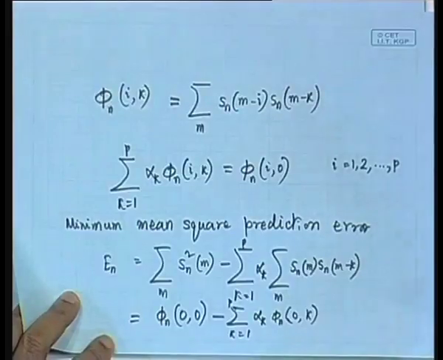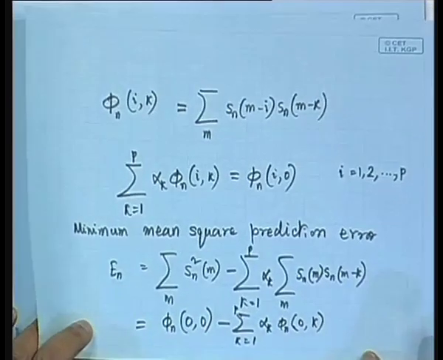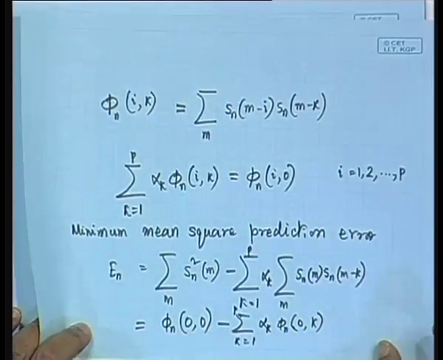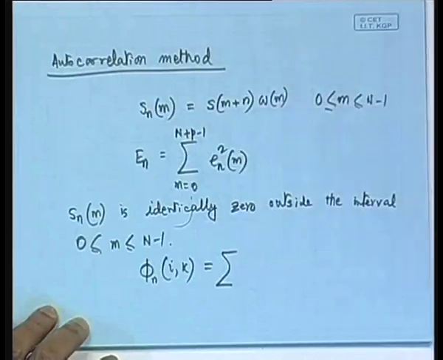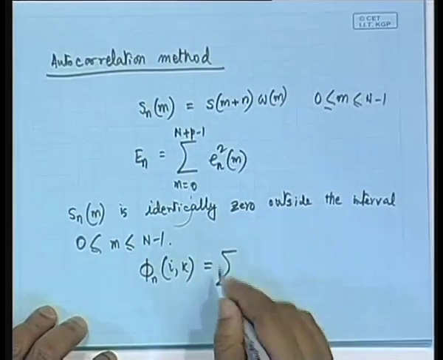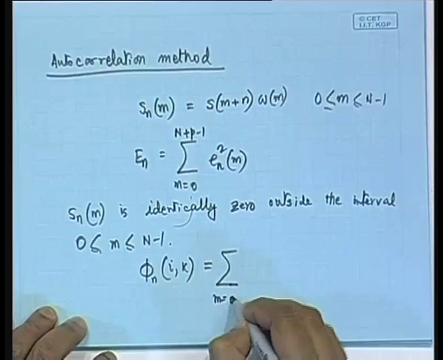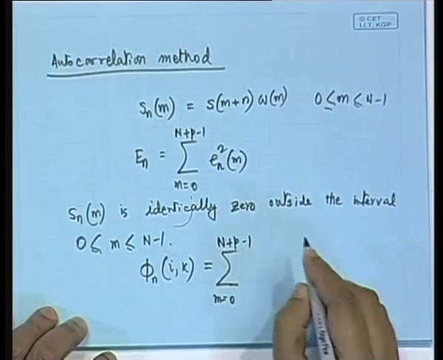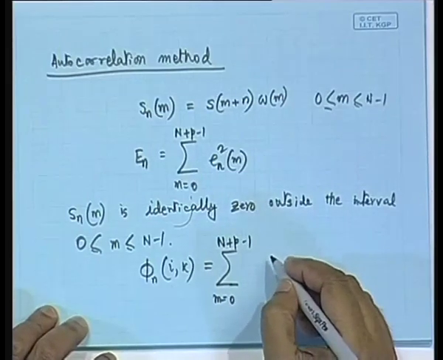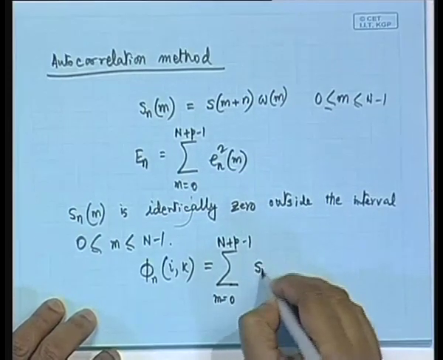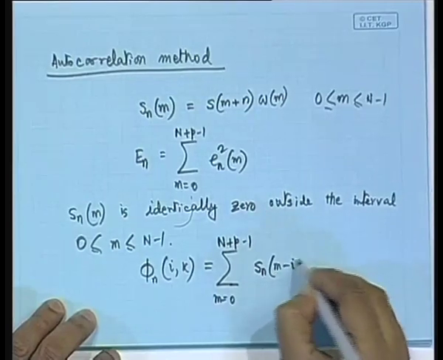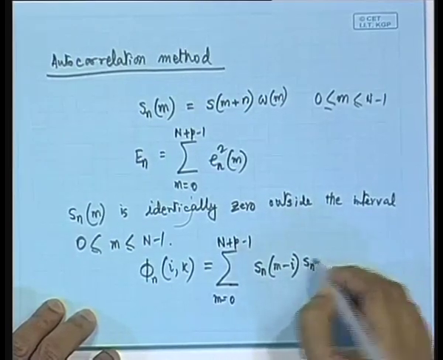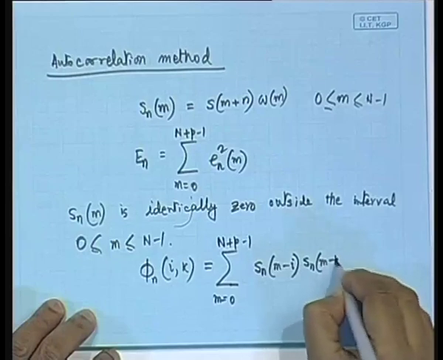So whatever infinite summation I had intended to write now effectively gets truncated to a finite summation, and that finite summation will be nothing but m equal to 0 to N plus p minus 1, and then we have to write the same thing, that is S_n[m] S_n[m minus i], S_n[m minus k], okay.